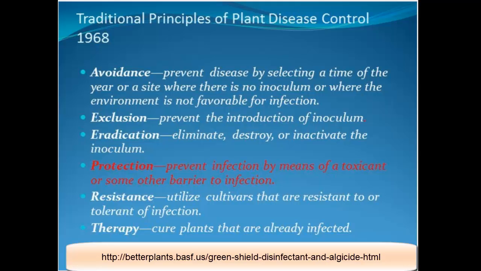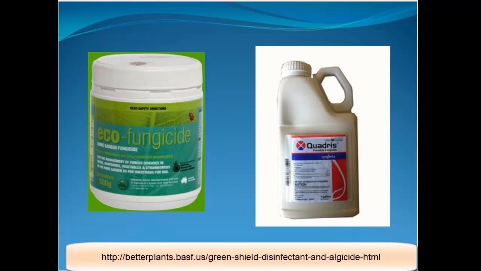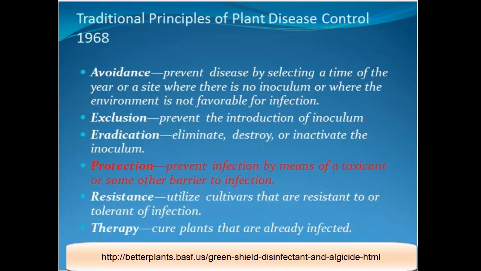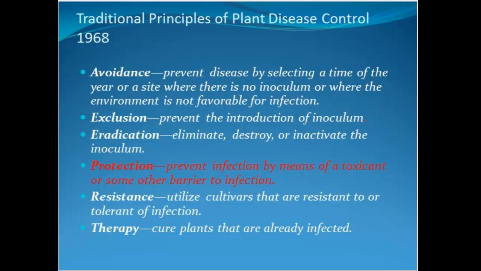If you remember back to the slide where we had the high tunnel, we showed that the host, our crop, was inside the tunnel, and outside of the tunnel was the pathogen. The very essence of a high tunnel, where you've got plastic protecting your crop, is that it serves as a barrier to certain pathogens. And so the very essence of a high tunnel is one act of protection.